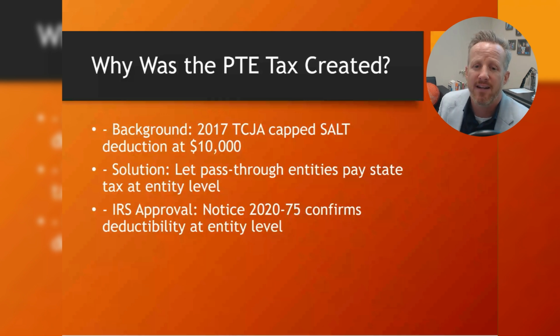Well, now you don't get that. And now you have to pay $17,500 more in taxes. And so what a lot of these states did is they said, okay, Donald, you really screwed us over here.